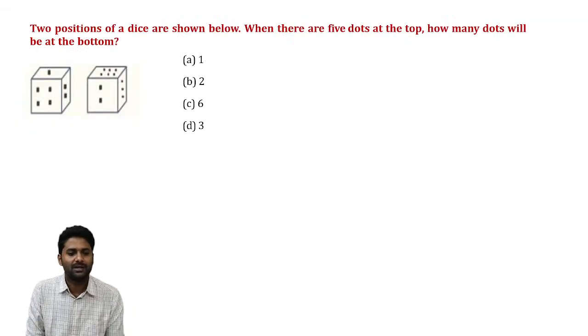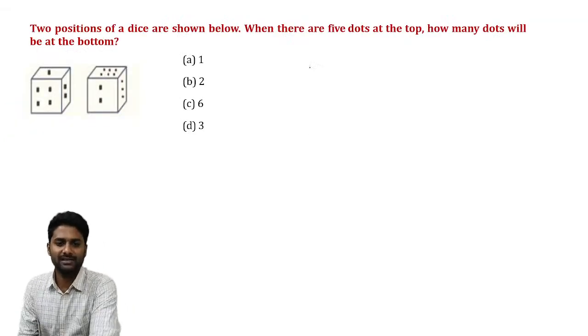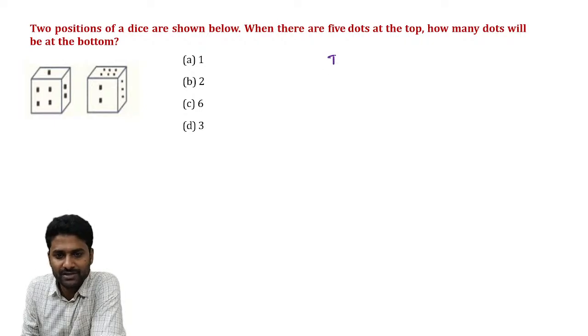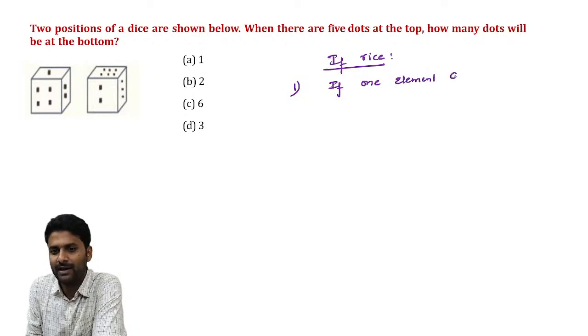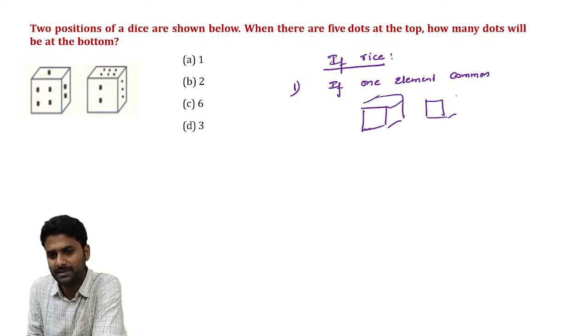Good. Again, back to the dice concept, guys. If two dice are rolled, then we have three different comparisons. Comparison number one: if one element is common. For example, you can see the numbers 1, 2, 3 and the numbers 3, 4, 5.